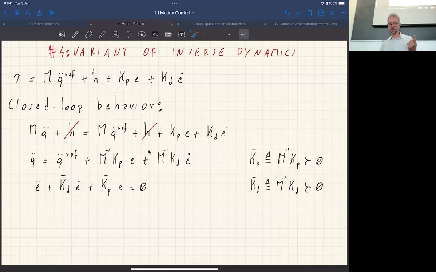So this doesn't hold in general. The reason why I'm saying that this product is positive definite is because we took the assumption that Kp and Kd are not only positive definite, but are also diagonal. Symmetric is not enough. You need them to be diagonal.